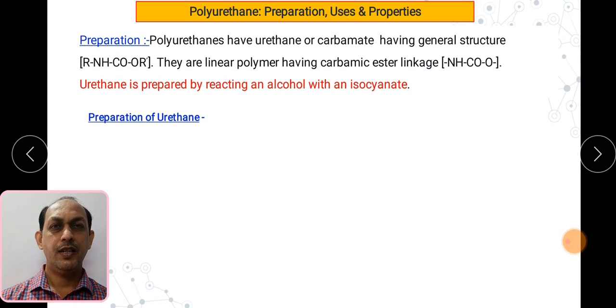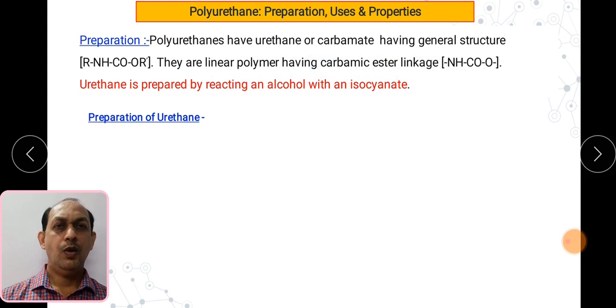These two functionalities together form urethanes. These compounds are called urethane because this structure is similar to urea. This is also called a carbamate. Then the linear polymer has a carbamic ester linkage such as NH C double bond O OR.